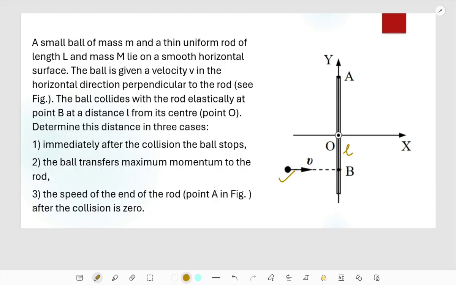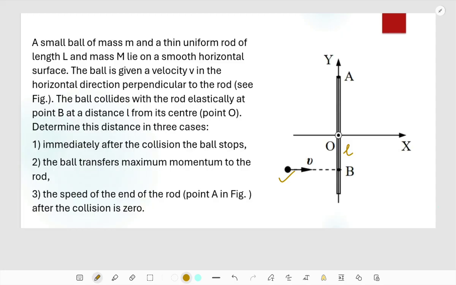You can see we have chosen the coordinate system as shown in the figure. You can see the x and y axes, and the origin is placed at the center of the rod, and the axis of rotation is also passing through the center of the rod, perpendicular to the horizontal surface, and directed perpendicular to the plane of the drawing.